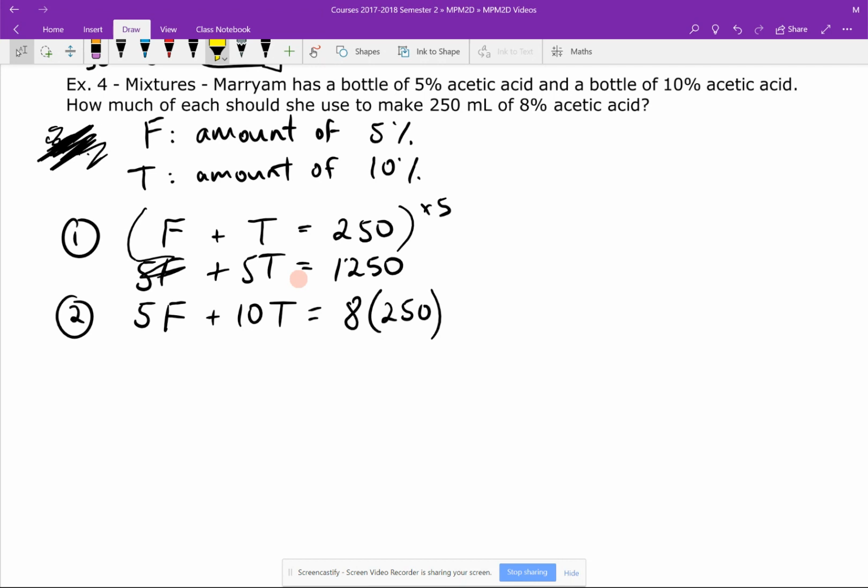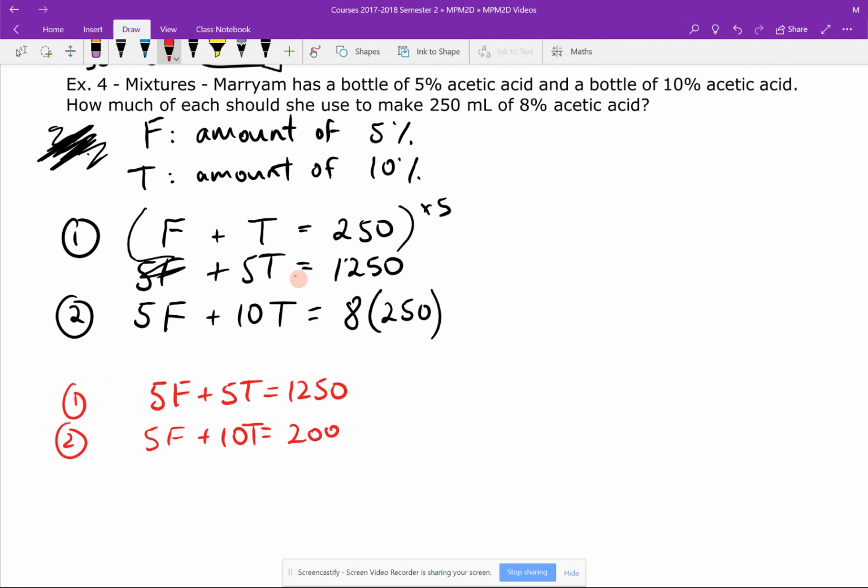Let me write these equations again. 5F plus 5T equals 1250, that's equation 1. Equation 2 again: 5F plus 10T equals 8 times 250, which is 2000. Now I can use elimination.